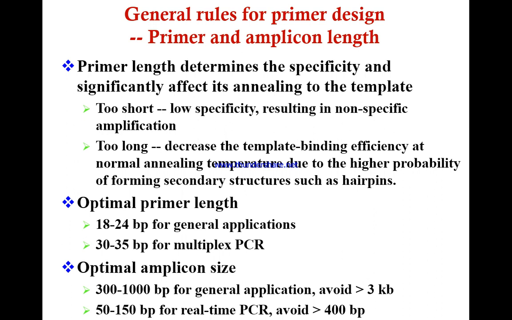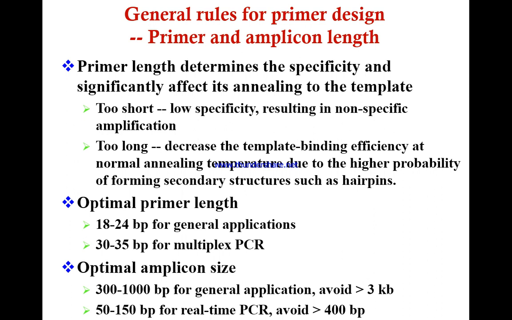So not too long, not too short. If the primer is too short, it will cause non-specific amplification, and if the primer is too long, it decreases the template binding efficiency at normal annealing temperature due to the higher probability of forming secondary structures such as hairpins.